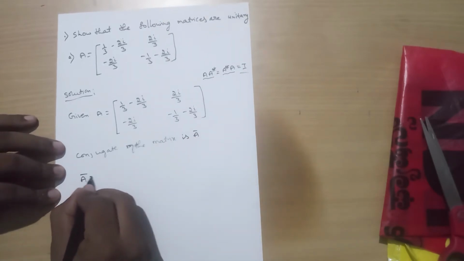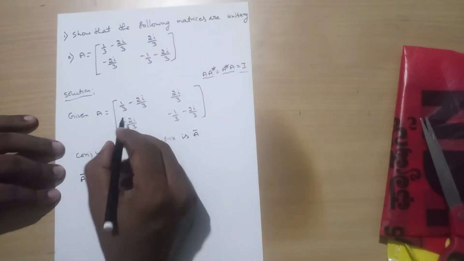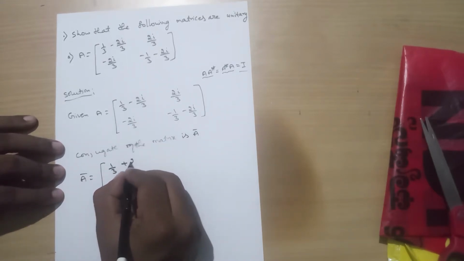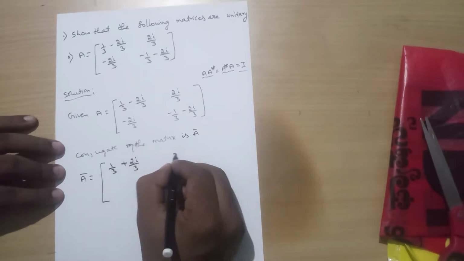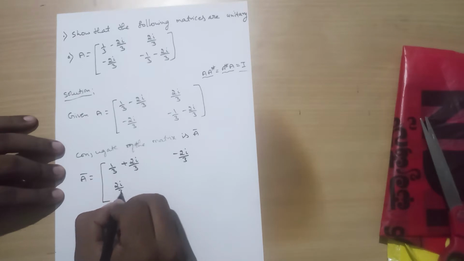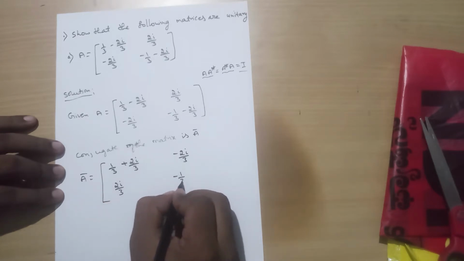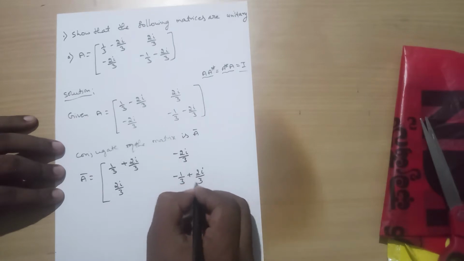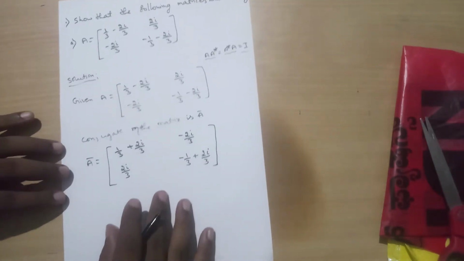So A bar equals, here I is replaced to minus I, so what do you get? 1 by 3 plus 2i by 3 and here minus 2i by 3, 2i by 3 minus 1 by 3, I is replaced to minus I ಮಾಡಿದ್ರೆ plus ಆಗೋಗುತ್ತೆ. So 2i by 3.